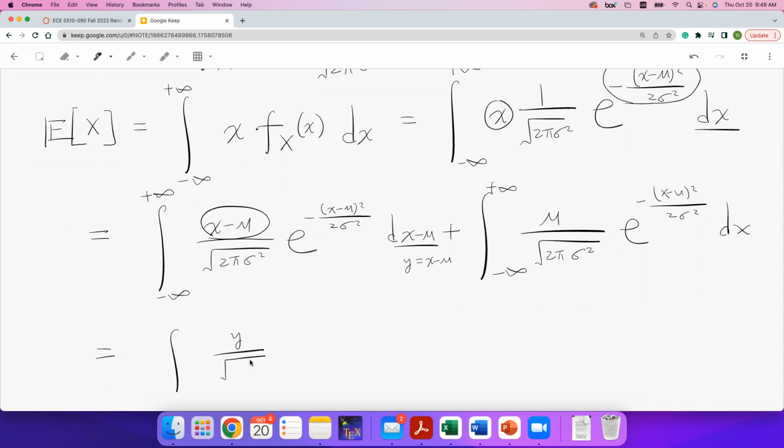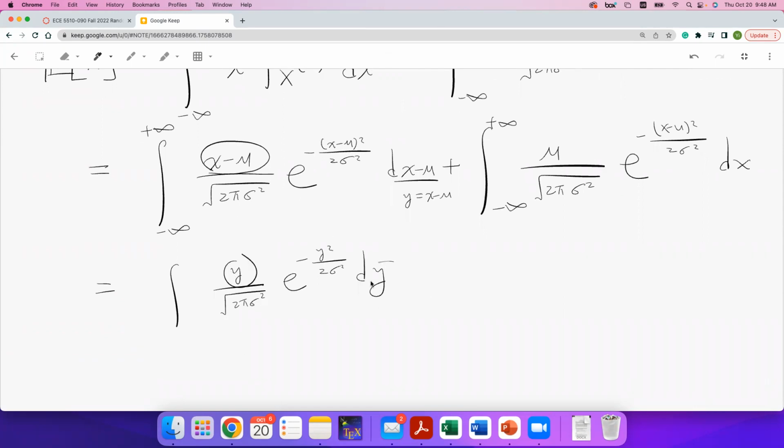So after the change of variable, this equals y. You can combine these two, so you get a dy, and you can make it negative y squared over 2 sigma squared. Then you take an integration over an exponential function. That can be done. In the end, this term, which I will skip, you actually get 0. This term disappears.